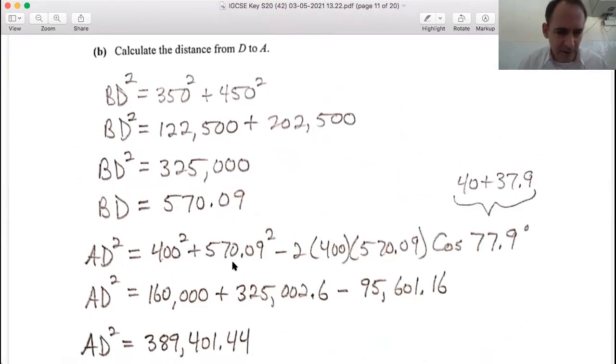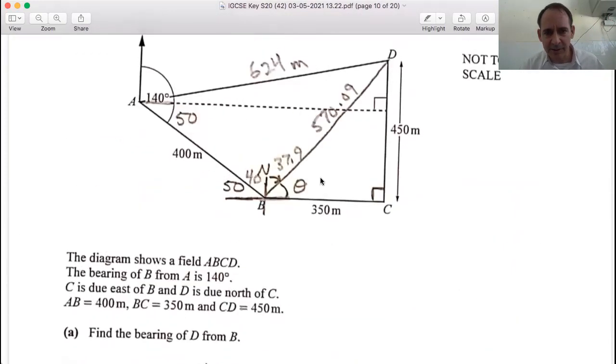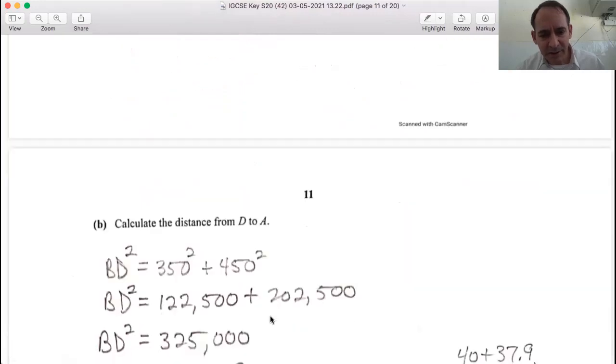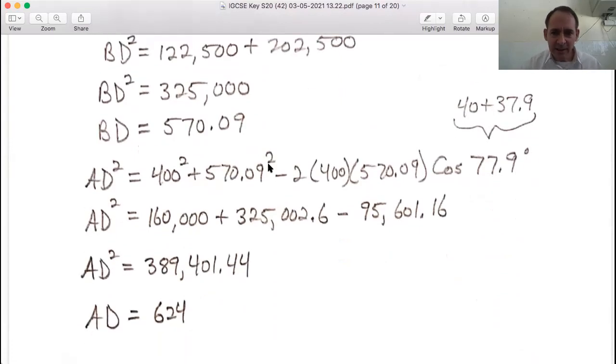That was the hypotenuse of the triangle over here, minus 2 times the 400 times the 570.09 cosine of the 77.9, which was adding the 40 plus 37.9 together.